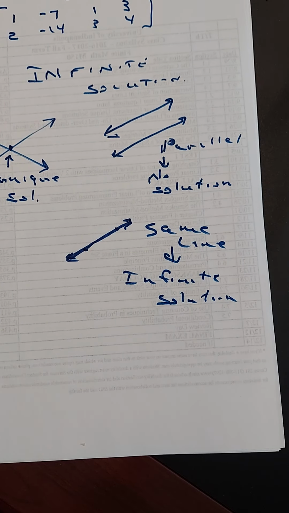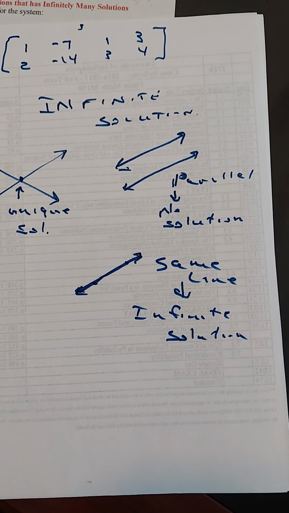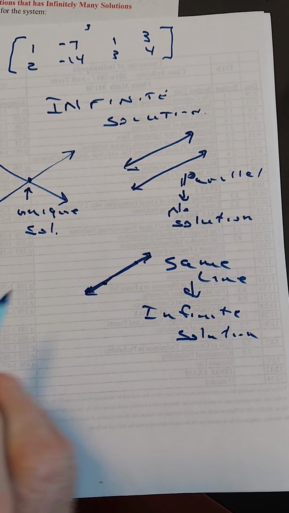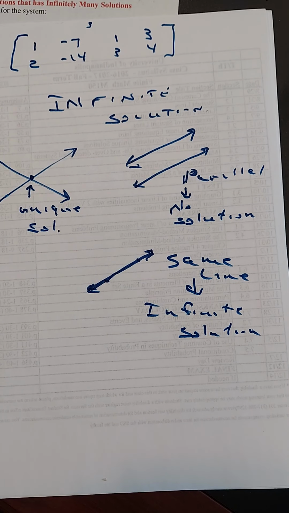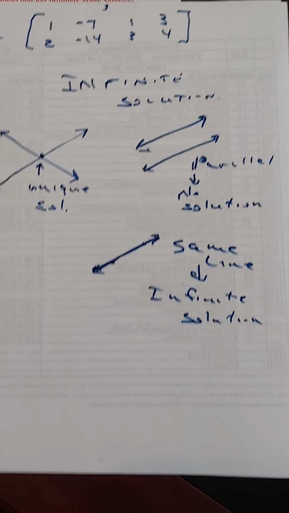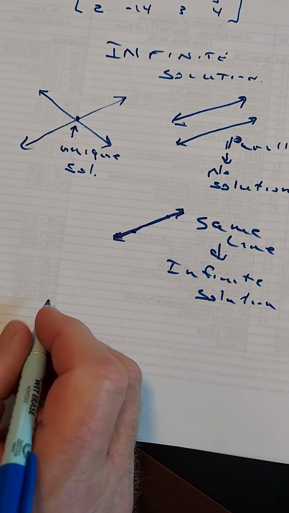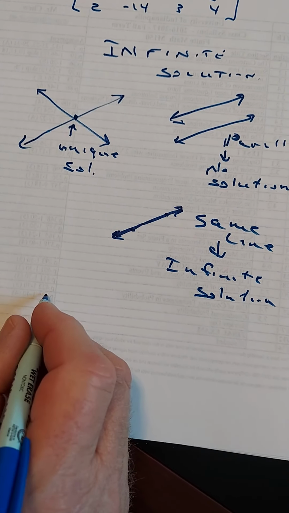And even when you go to 3 by 3, you still have the same things going on, but you can't draw pictures of it because it's in space. It's three-dimensional.